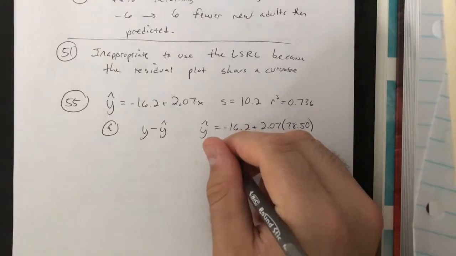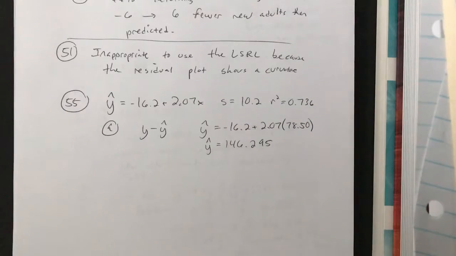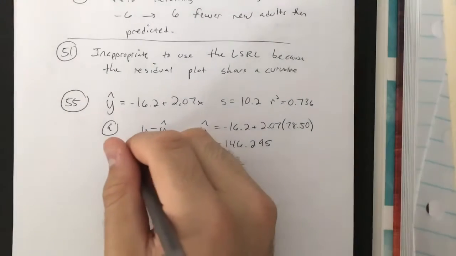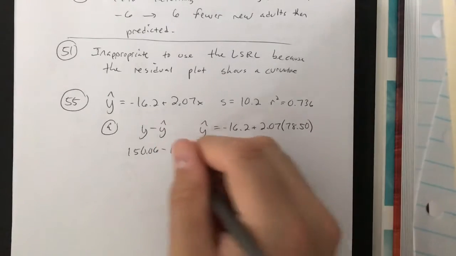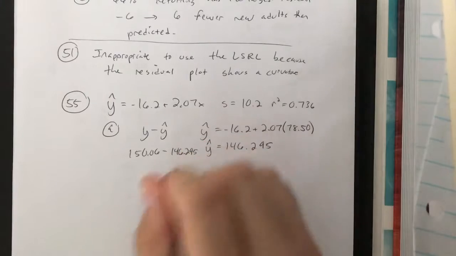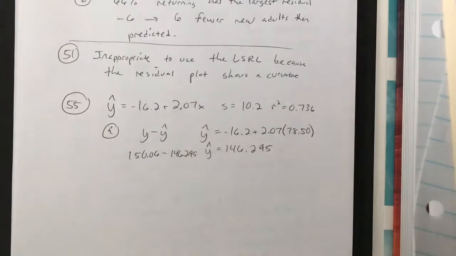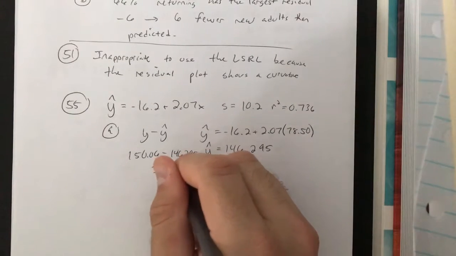Our predicted value of y is 146.295. So that was the predicted score. The actual score was 150.06, so the residual is the difference between those two. And this is going to be a positive residual. So 150.06 minus the predicted value gets you a residual of 3.765.